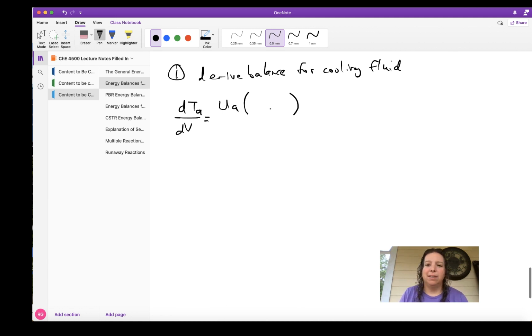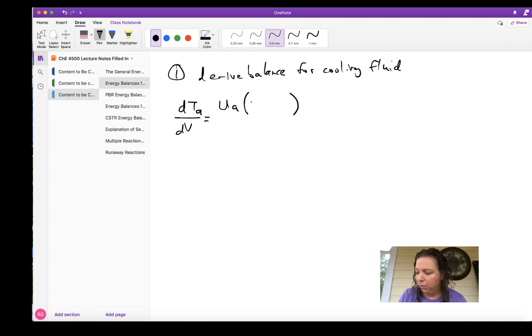We have to make the same argument now that we're looking at TA. If TA is greater than T, that means that the cooling fluid will transfer heat to the reactor contents, and hence the temperature of the cooling fluid, TA, will decrease. Whereas if TA is less than T, then the reactor contents will transfer heat to the cooling fluid, and hence the temperature of the cooling fluid will increase.